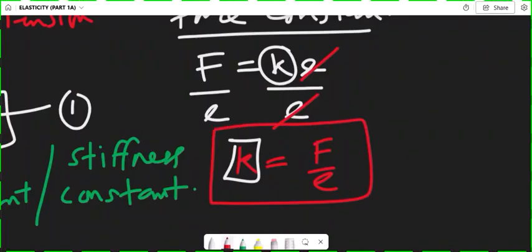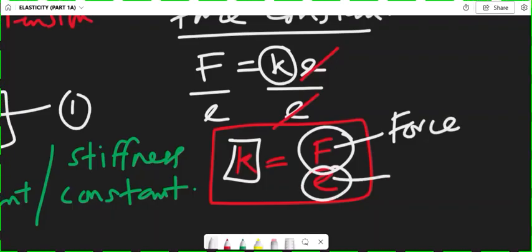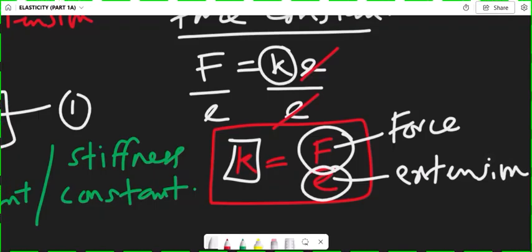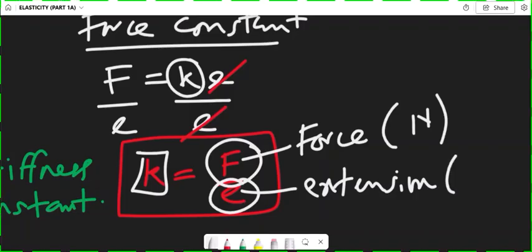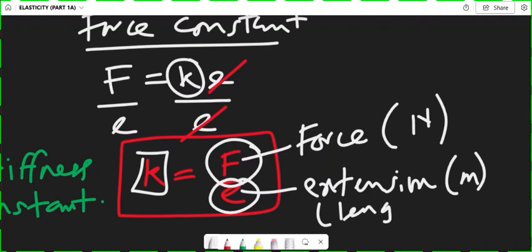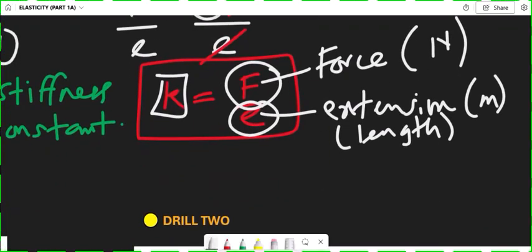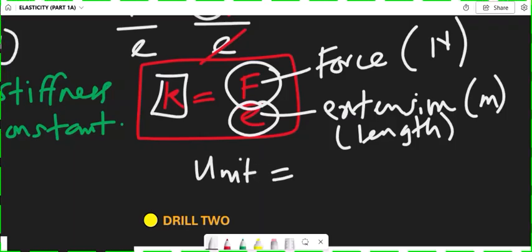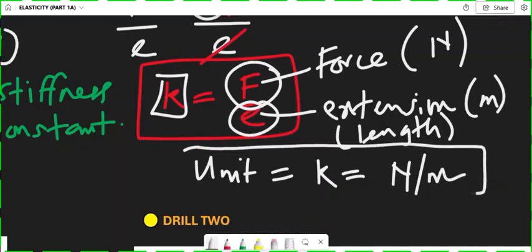Here is your force, and here is your extension. Don't forget, I told you the other time, extension means change in length. The unit for force is the newton, and extension is in meters because we are talking about the change in length of the material. So therefore, please pay attention, this is very important: the unit for the force constant K is newton per meter.